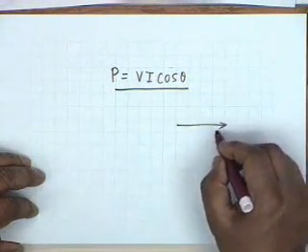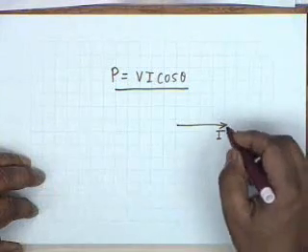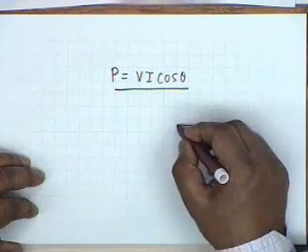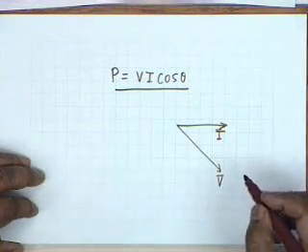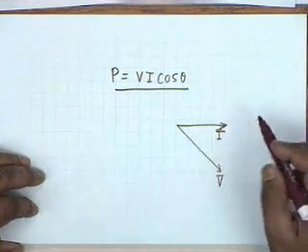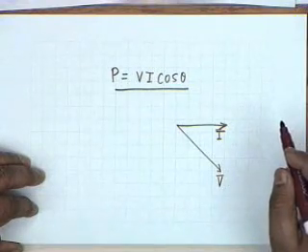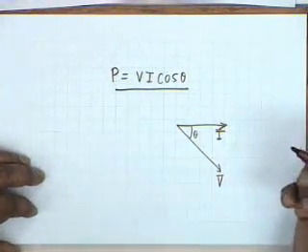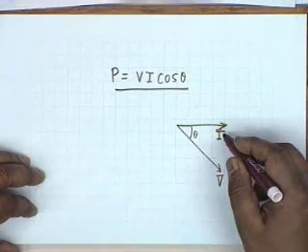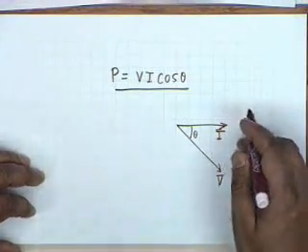Let us say we have arbitrarily, let's say this is the current phasor, and let's say this is the voltage phasor. Then the power is obtained by projecting one vector on the other.